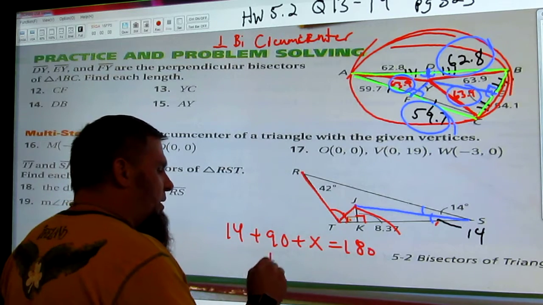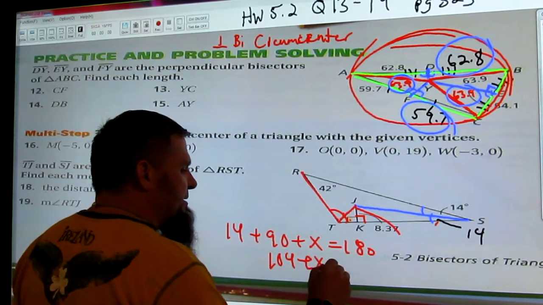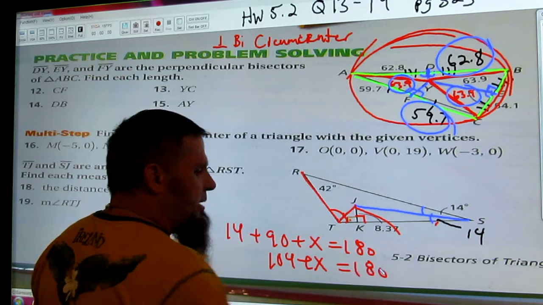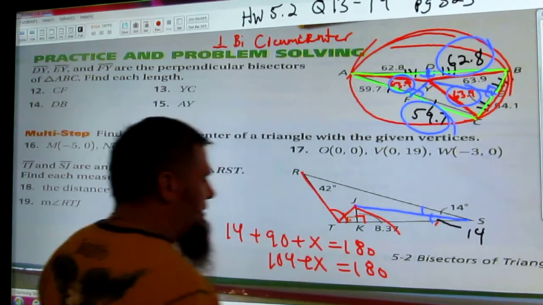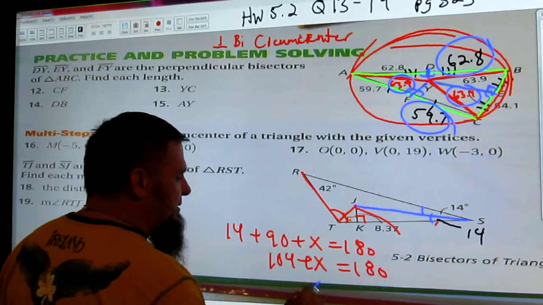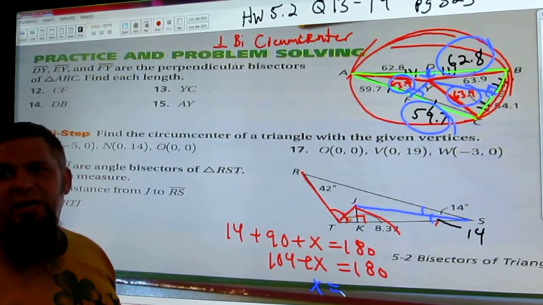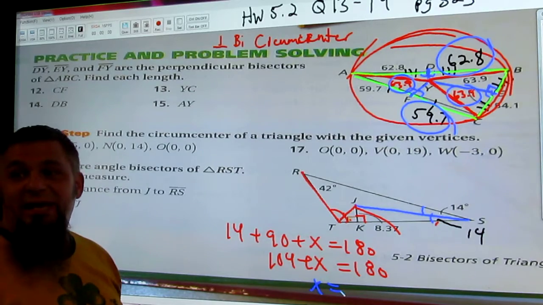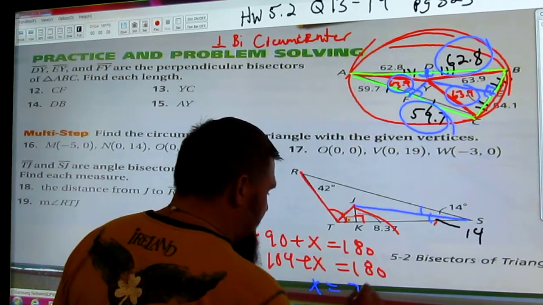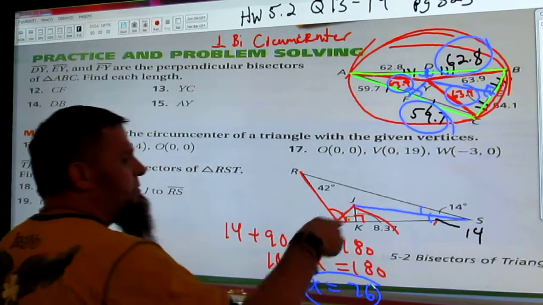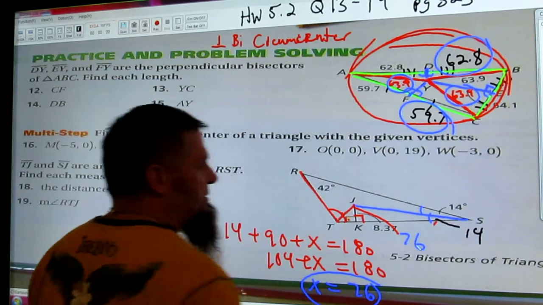So 104 plus x equals 180, and subtracting 104 from both sides, x equals 76. So we know that this is 76.